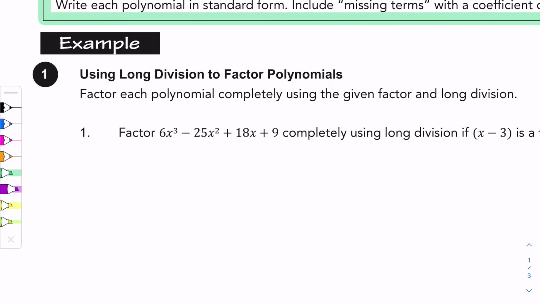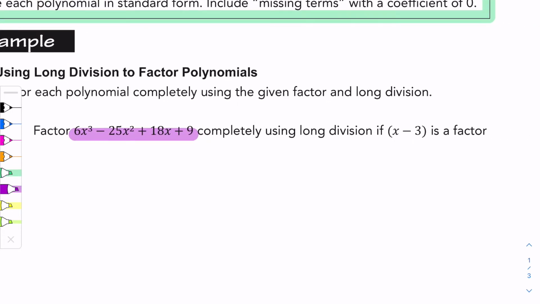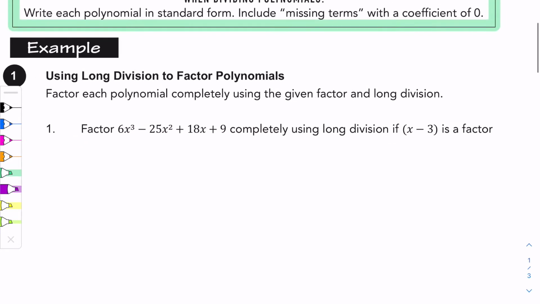Example 1, using long division to factor polynomials. We are factoring 6x cubed minus 25x squared plus 18x plus 9 using long division and x minus 3 as a factor. So let's just talk about what this looks like.